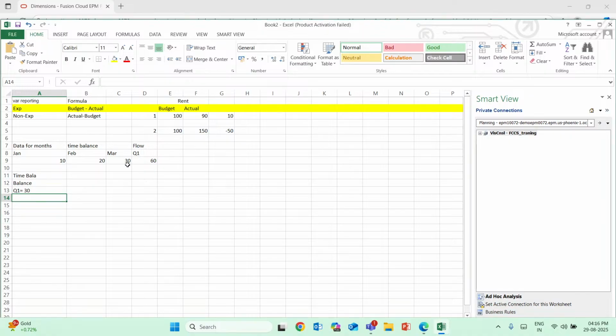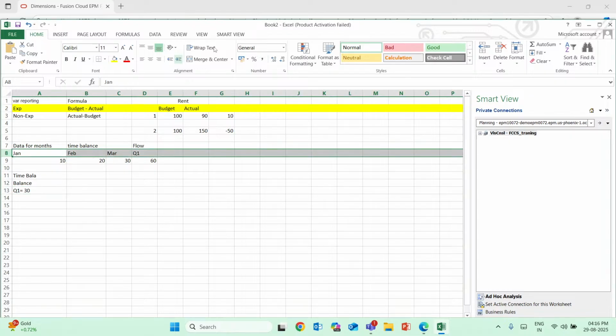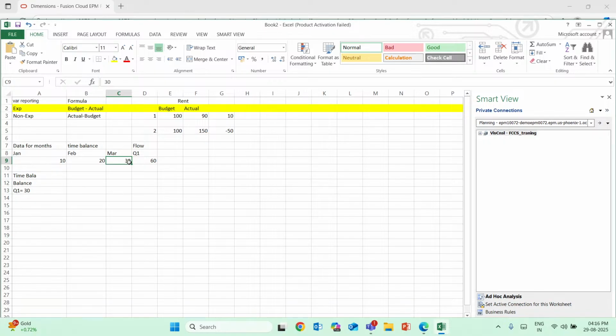That's why I have taken 30, because according to this example we have only three months in quarter 1, January, February, March, and 30 is the last value of it. So that's the reason I have taken balance as 30, because in balance we always take the last value.